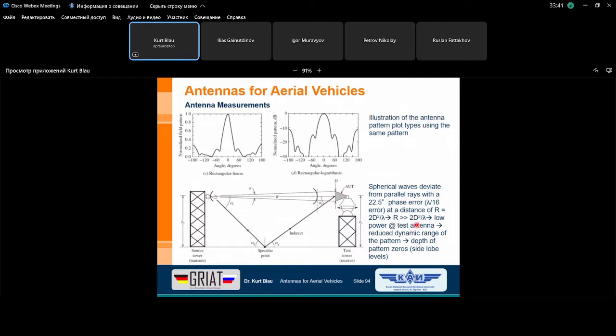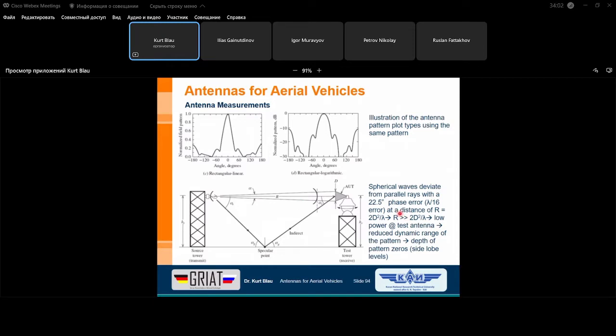The large D, capital D squared, is here the main cross-section dimension of the antenna under test. It's measured between the outer metallic parts, and this distance must be much larger than these conditions.